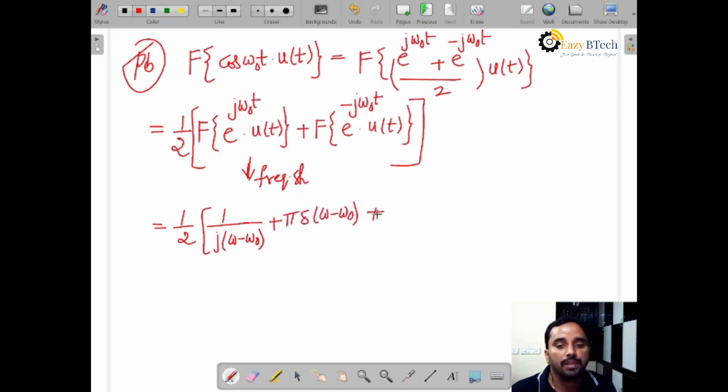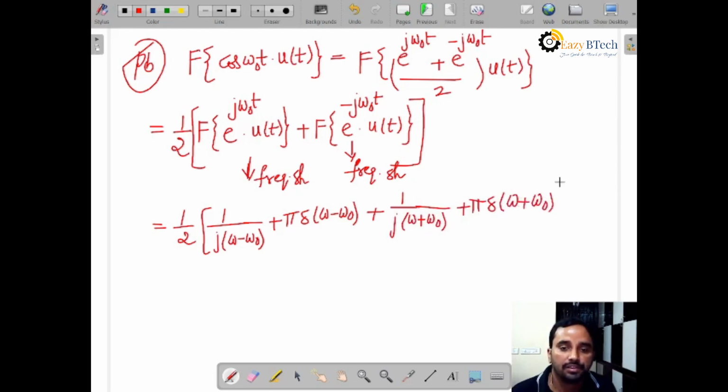Plus in this one also, by the frequency shifting property, we get 1 by j into omega plus omega naught, plus pi del of omega plus omega naught. Close the bracket. So this is the answer for cos omega naught t u of t.